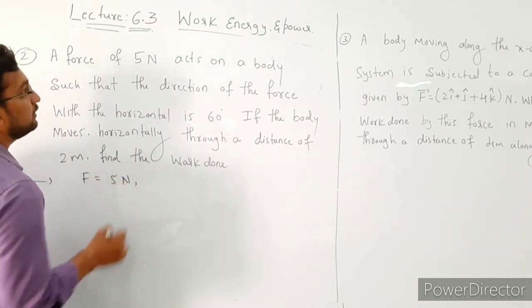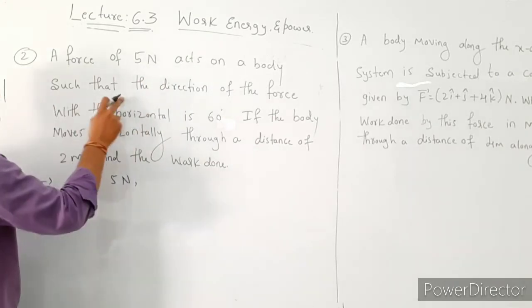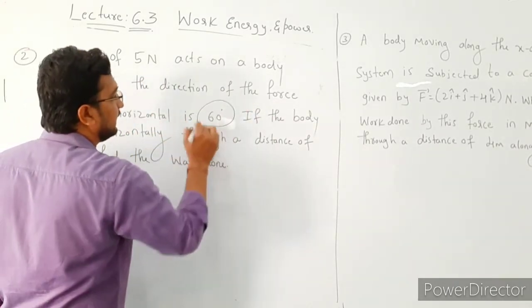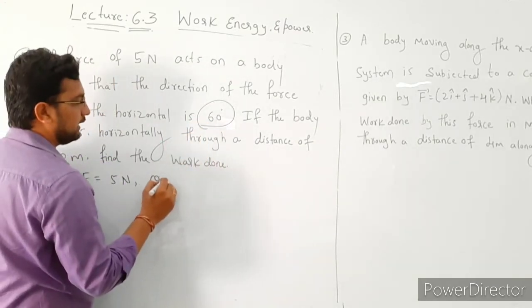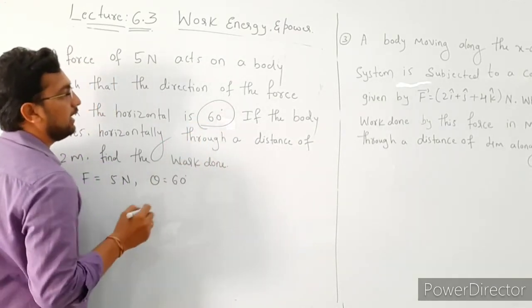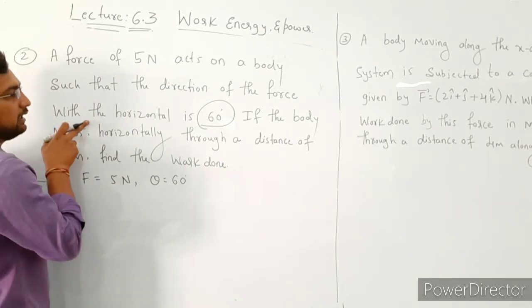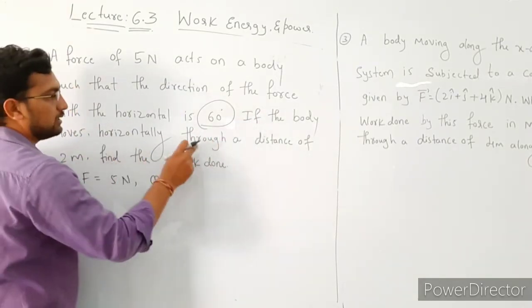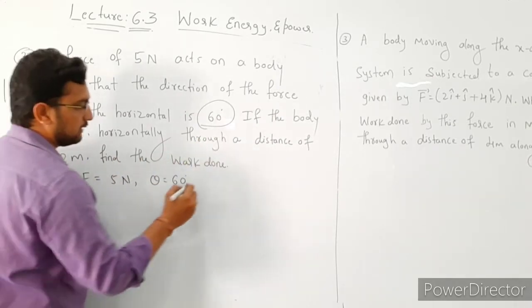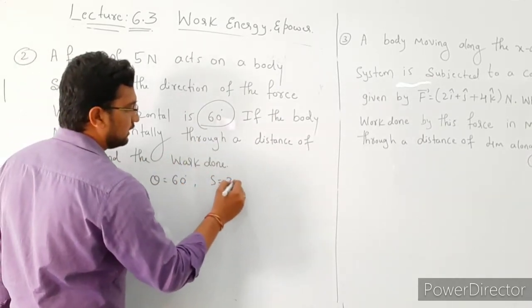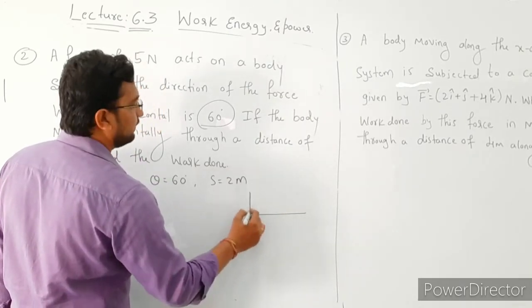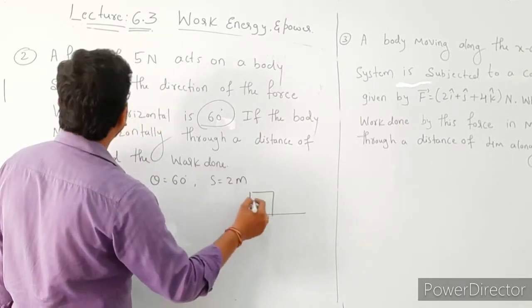Theta is equal to 60 degree, the angle along the horizontal direction. The body moves horizontally through a distance of 2 meter, so S is equal to 2 meter.